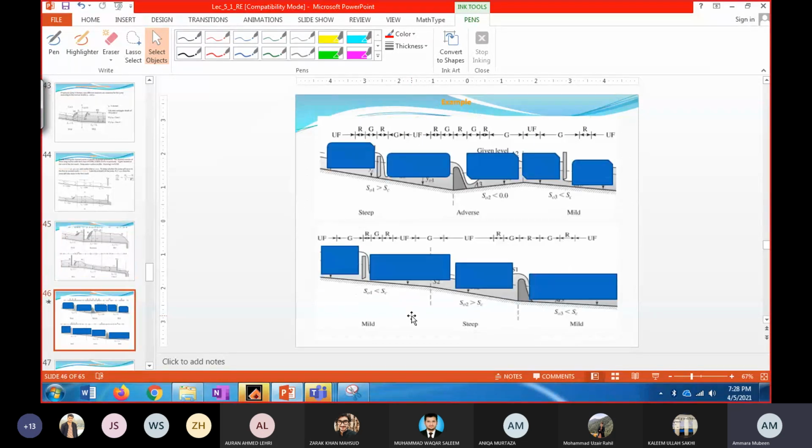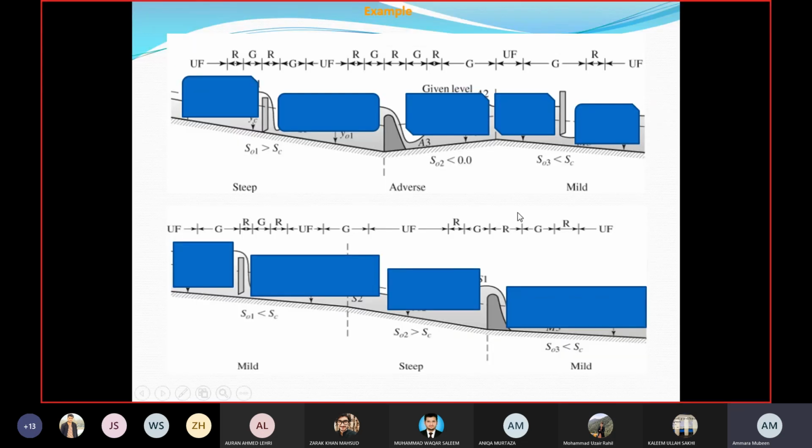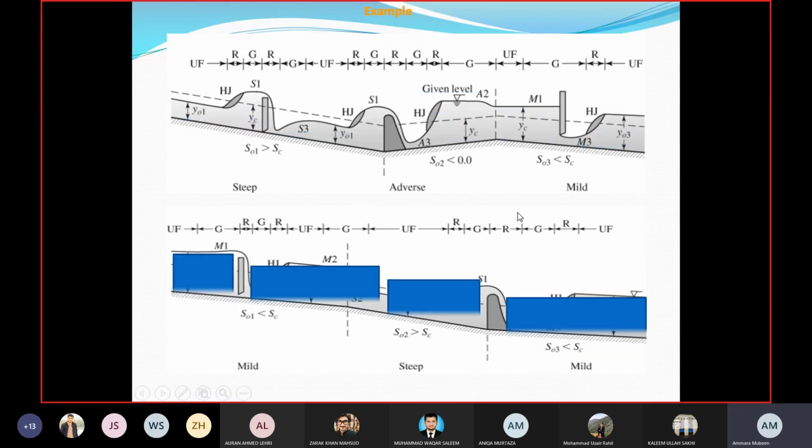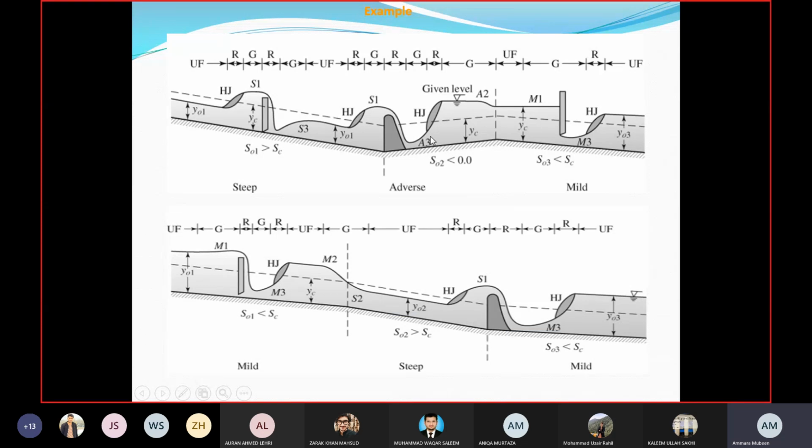So this is also a question which I think I took from the internet, in which the water surface profile has already been sketched. Just check how they have made it when you are given the uniform flow depth and critical depth value.